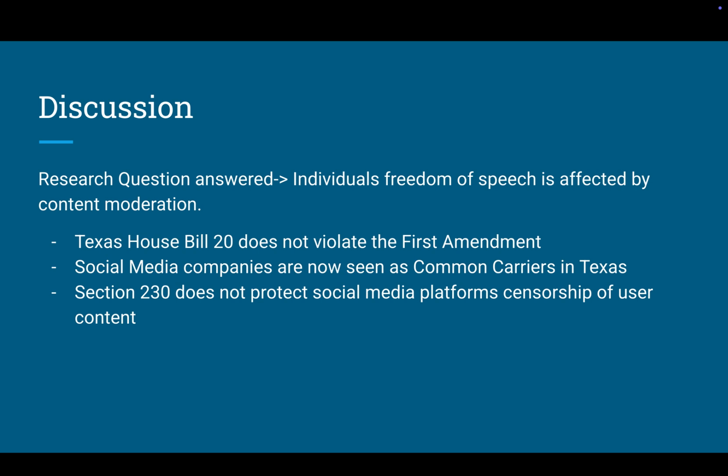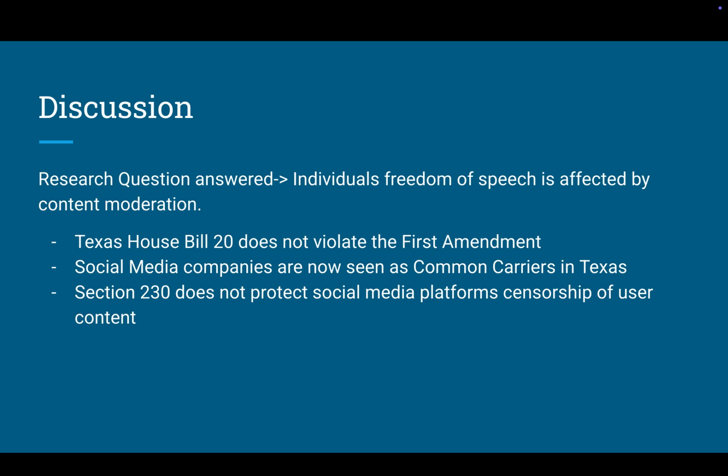The case is strengthened by its ability to survive the intermediate scrutiny test and is empowered by the common carrier doctrine. The distinction between social media editorial discretion and newspaper editorial discretion comes into play, as the court states social media companies do not have the same editorial discretion as newspapers, citing Section 230 as it does not protect social media platform censorship of user content.